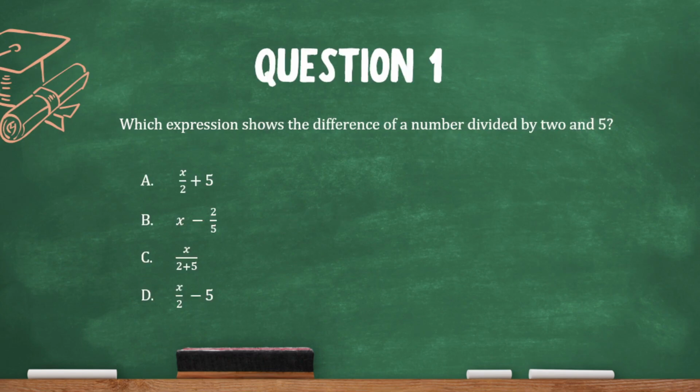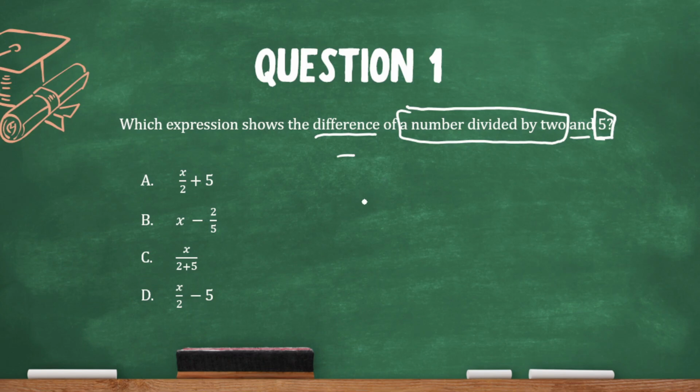Which expression shows the difference of a number divided by 2 and 5? So we want the difference. We know we're going to be subtracting. So we're going to be subtracting two things. A number divided by 2 is the first thing, and 5 is the second thing we're subtracting.